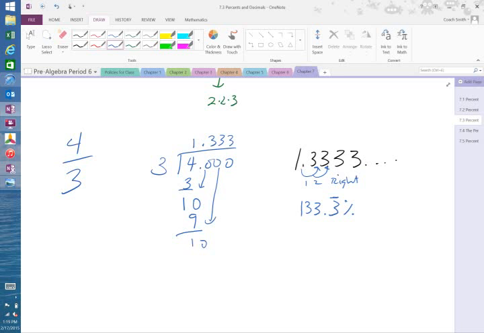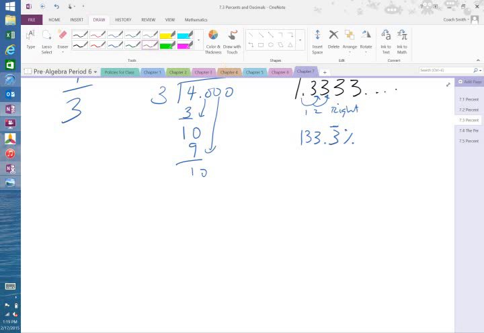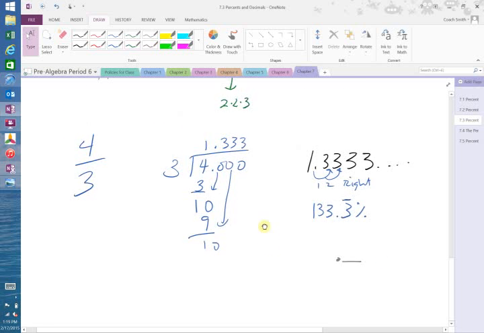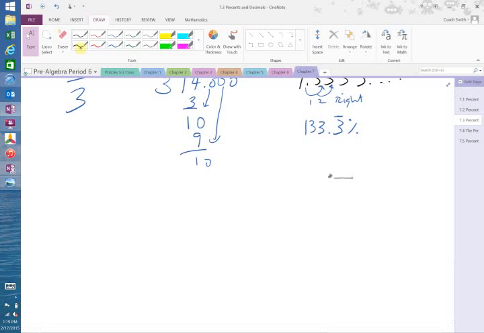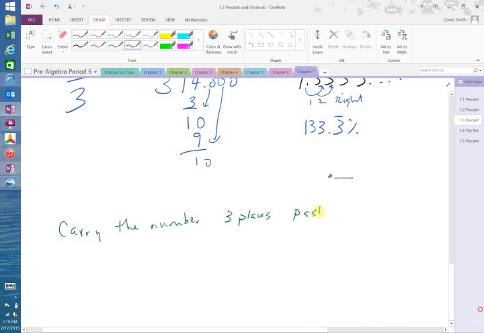You only repeat it one place over the decimal. In other words, you're only going to need to go to right there if it repeats, and that's it. Okay, so once you get to that point, all you have to do is to change it, since they're not asking you to round, you just carry the number 3 places past the decimal.